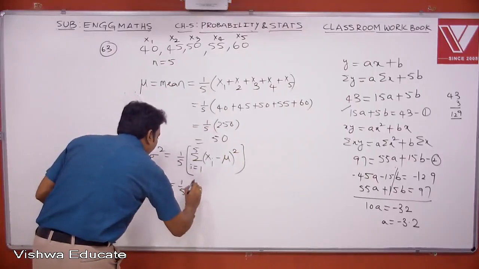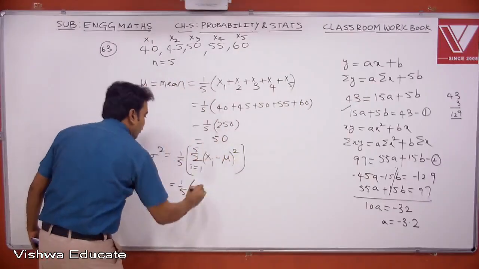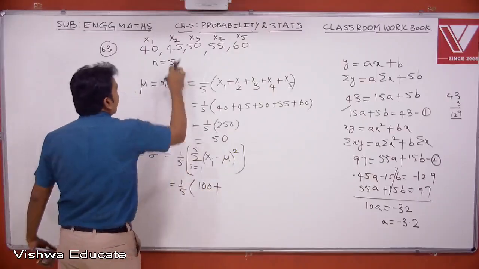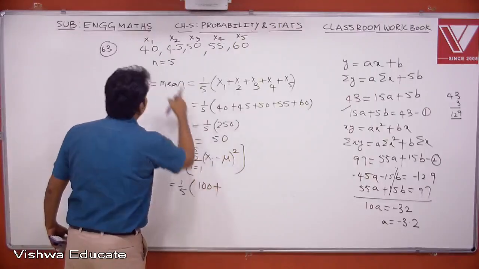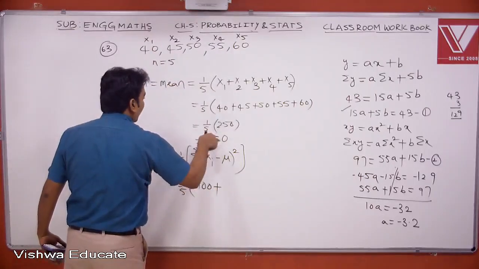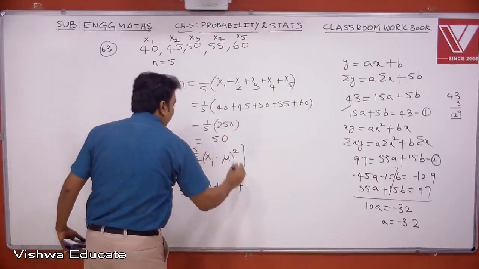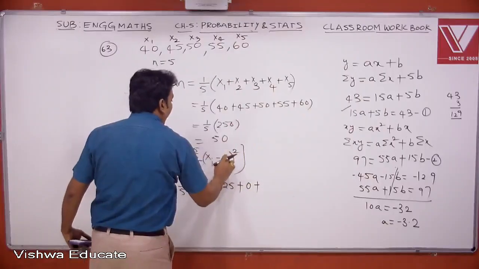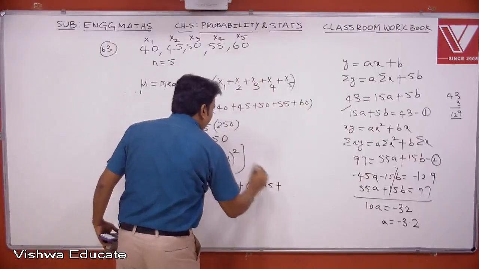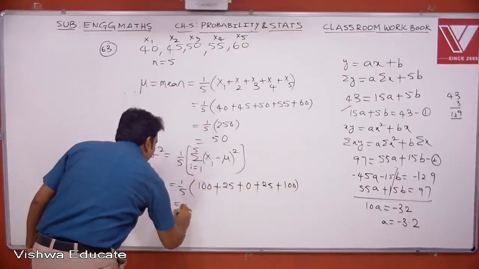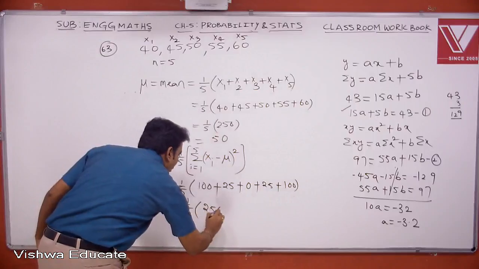So this is 1 by 5 into: 40 minus 50 whole square, 10 square, is 100, plus 45 minus 50, 5 square, is 25, 50 minus 50 whole square is 0, plus 55 minus 50, 5 square, is 25, 60 minus 50, 10 square, is 100. So this is 1 by 5 into 200 plus 50, which is 250.